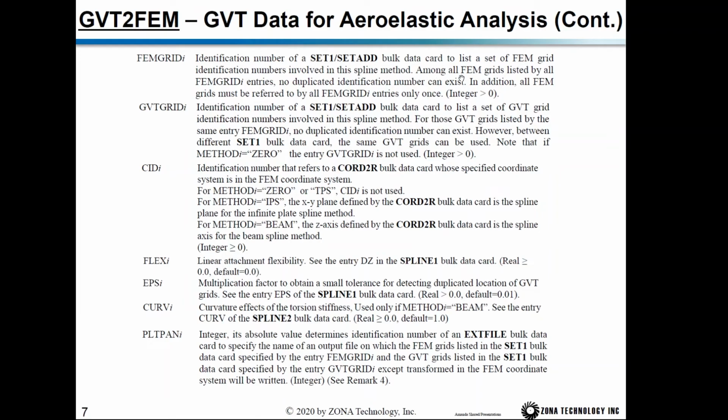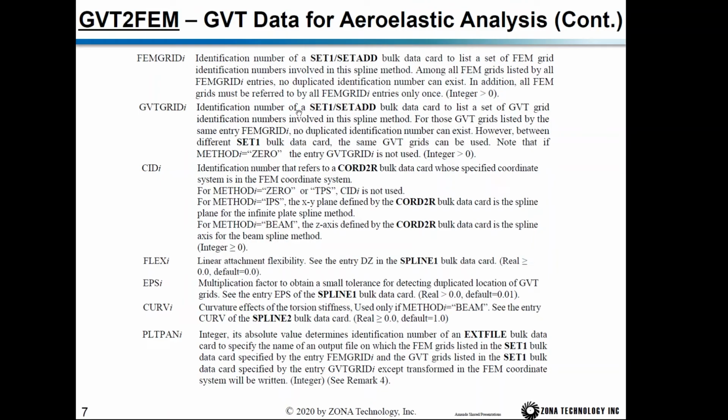Among all FEM grids listed by all FEM GRID entries, no duplicate ID can exist. In addition, all FEM grids must be referred to by all FEM GRID entries only once. So in other words, every FEM grid ID should appear once in all the FEM GRID SET1 and SETADD cards.